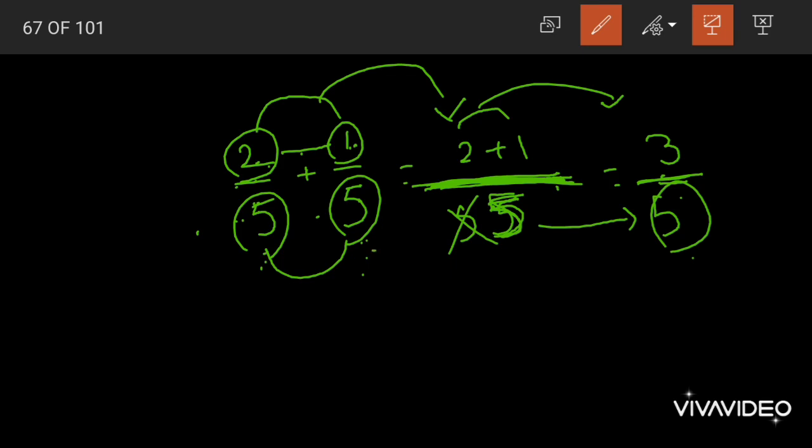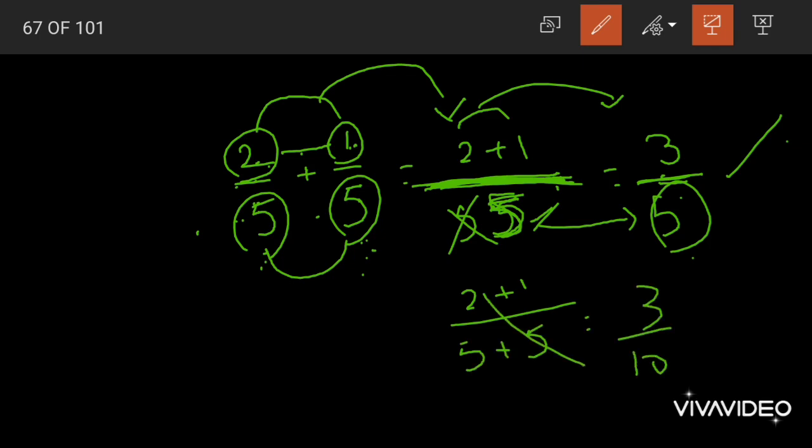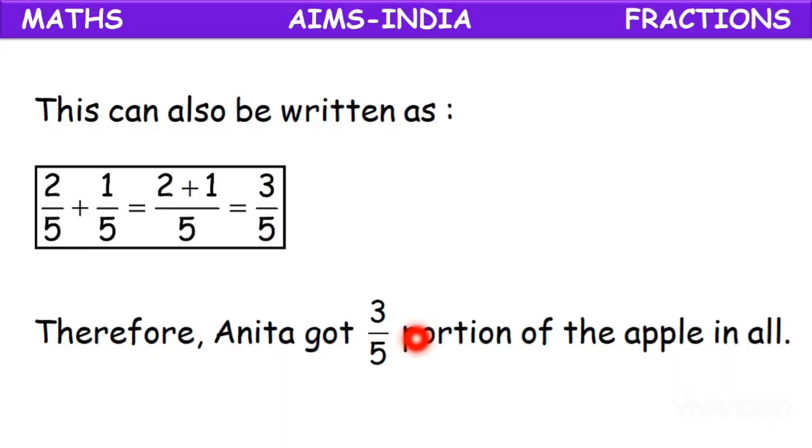Instead of writing 2 denominators, we are writing only 1. 3 by 5 is the correct answer. 2 plus 1 divided by 5 plus 5, that is equal to 3 by 10, is not our correct answer. We need to just write one single denominator. 2 plus 1, 3 divided by 5. That's it. What is our answer?